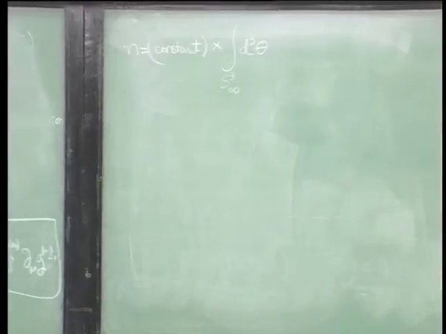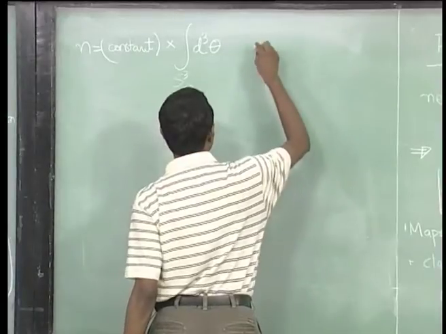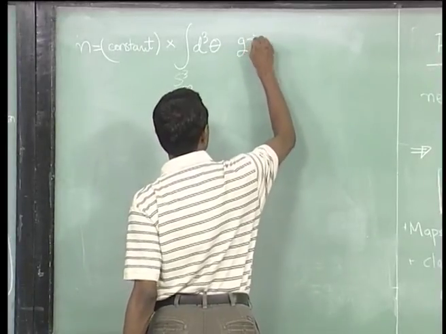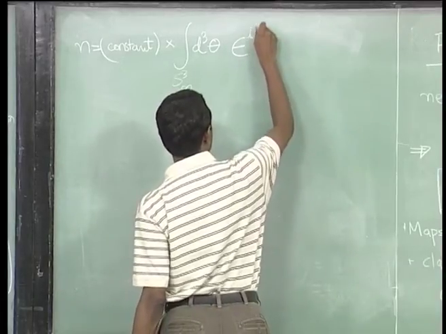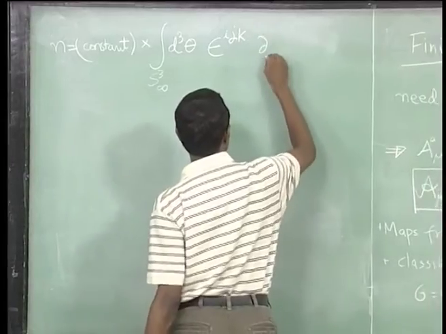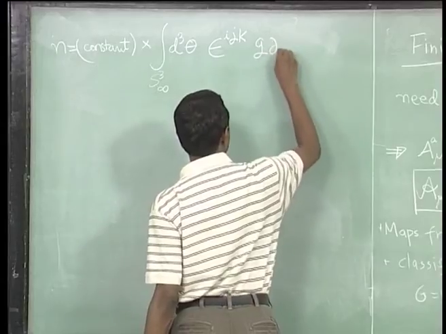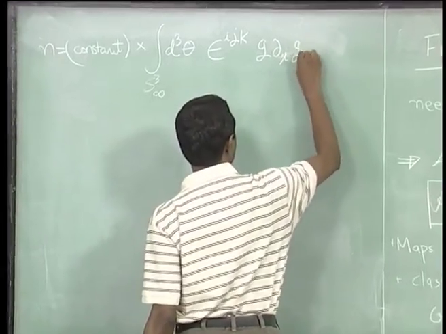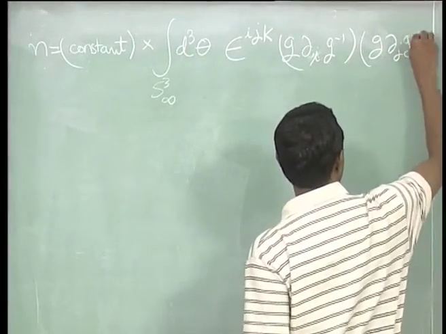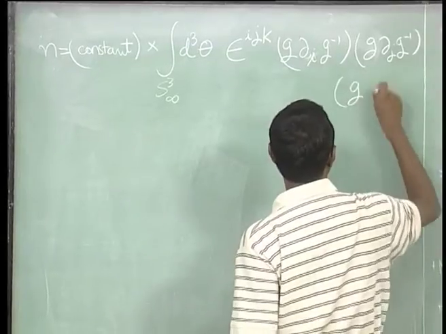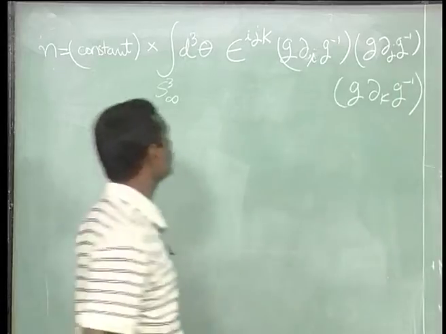This d cube theta is any set of these angles, or what is a natural measure in that thing, times something like this.